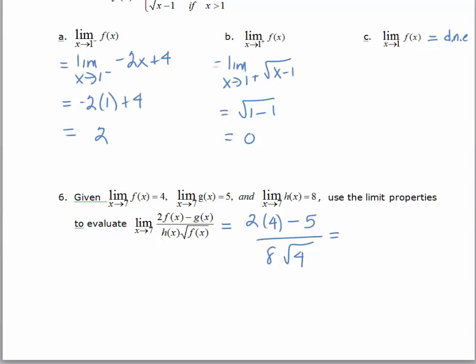Evaluating, you get 8 minus 5, which is 3, over 8 times the square root of 4, which would be 16. So the value of the limit is 3/16.